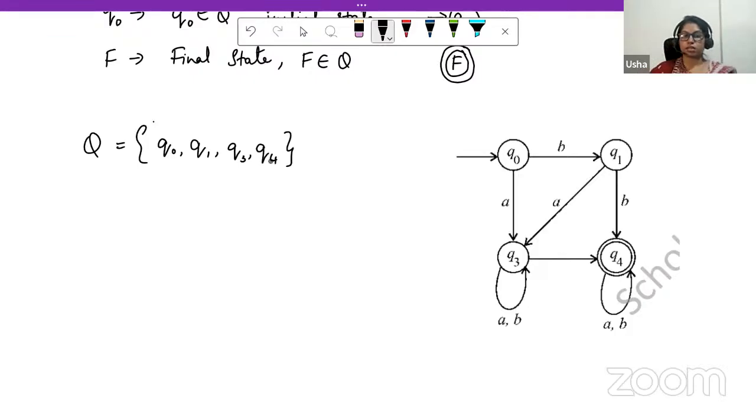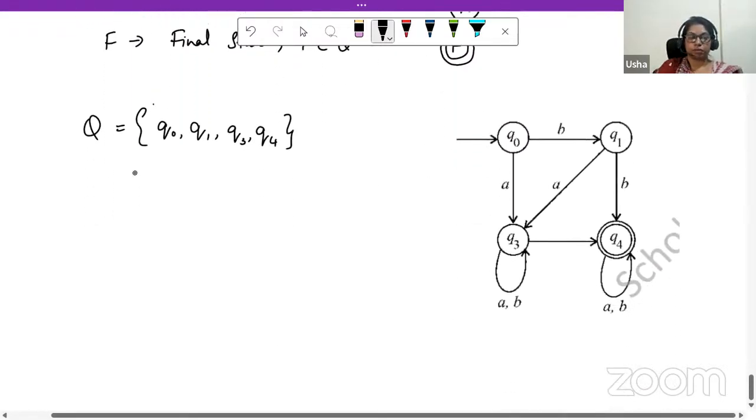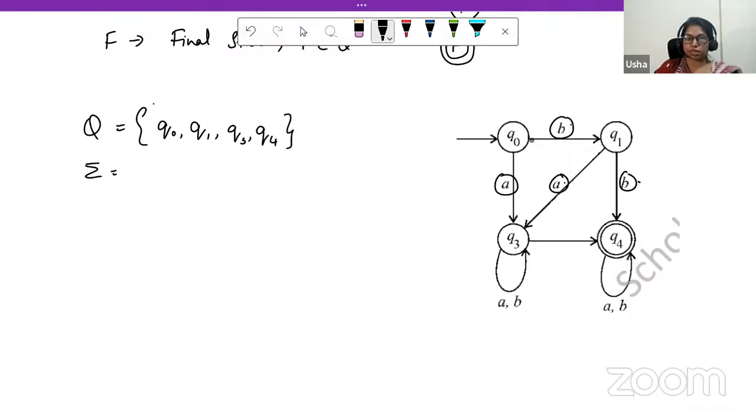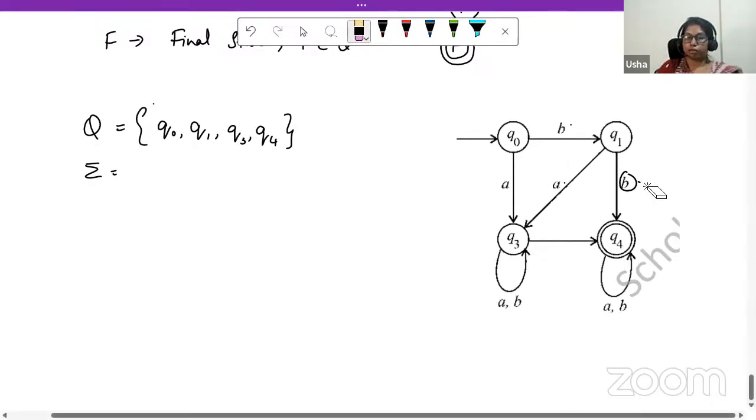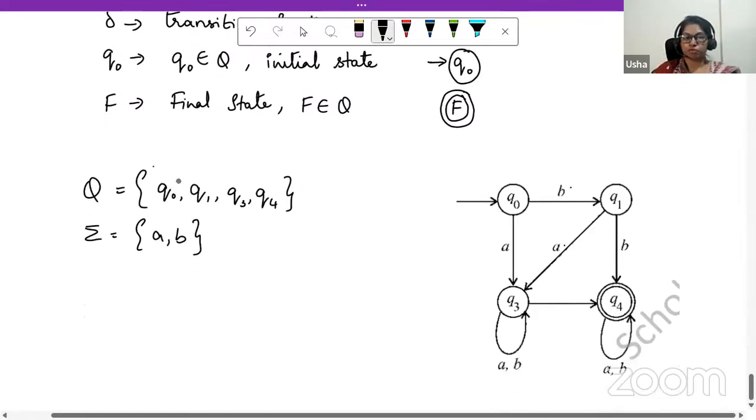Is this clear? This is Q. Next we have sigma, which is the alphabet set. So see whatever is written on these arrows. These are the alphabets, elements of the set. Okay, it is A comma B. That's it. Next, we have to write the transition function.